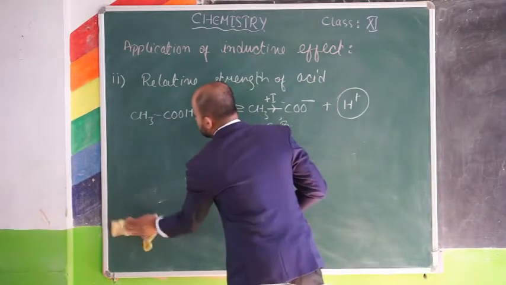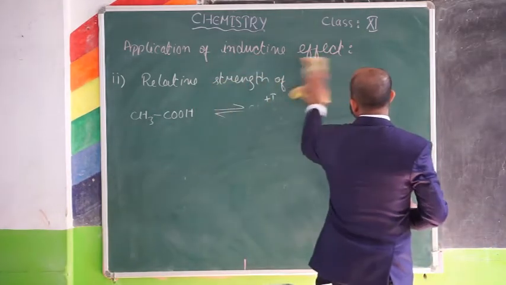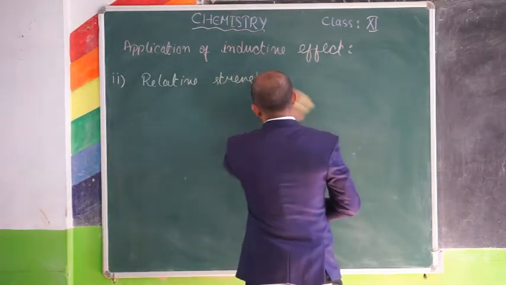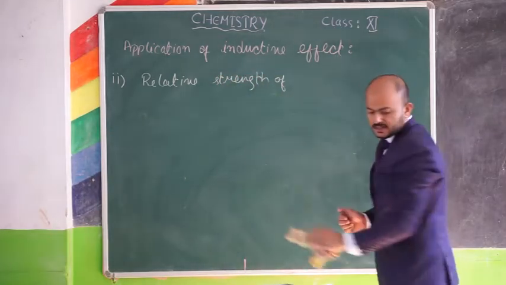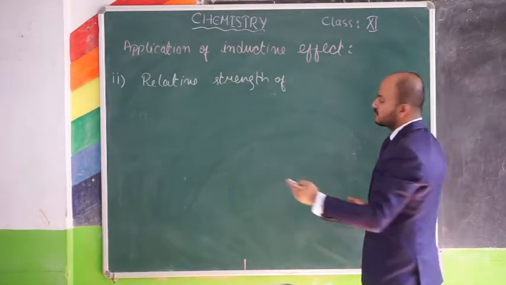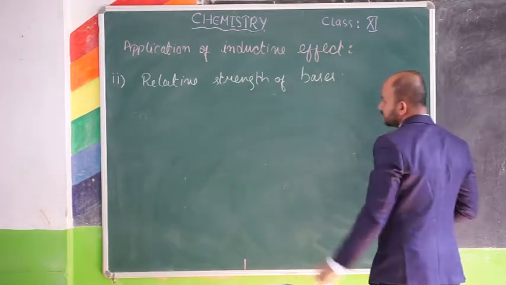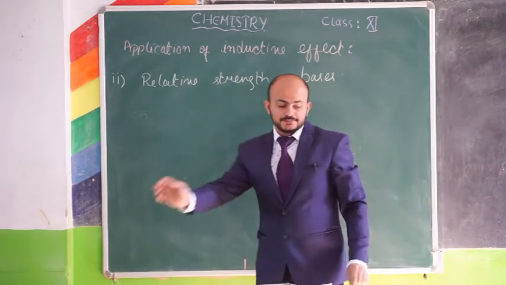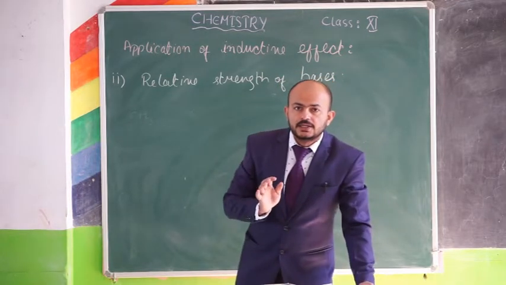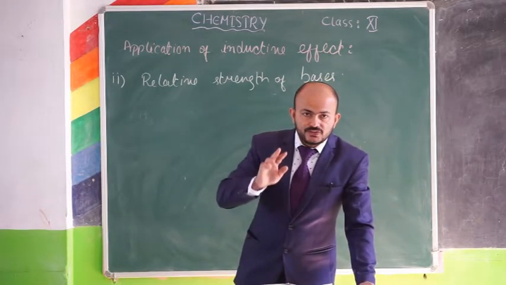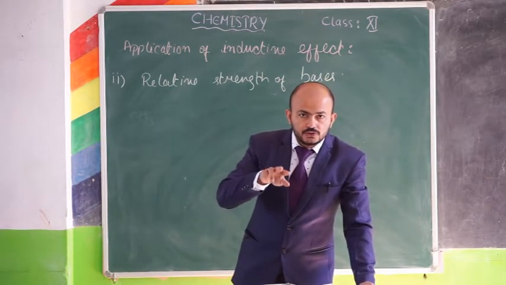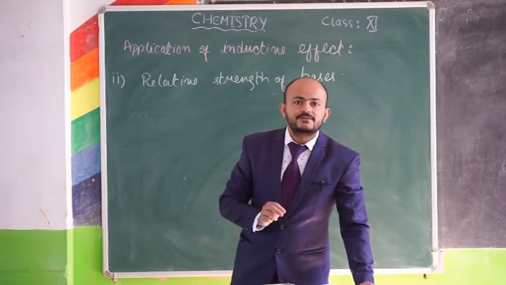Now let's move on to the third application, that is the relative strength of bases. Just now we discussed the relative strength of acids. Now we will be discussing the relative strength of bases. Bases are those compounds which are able to donate their lone pair of electrons.